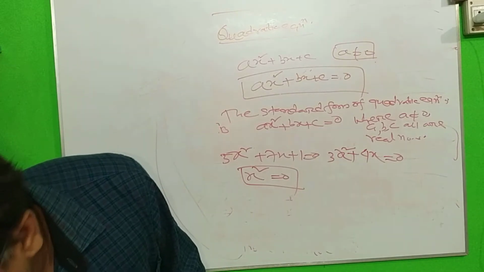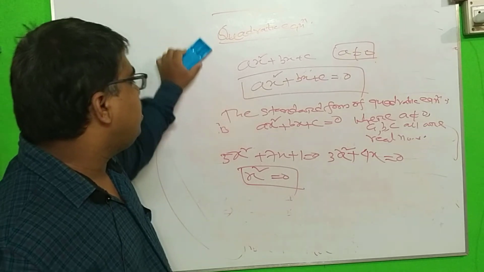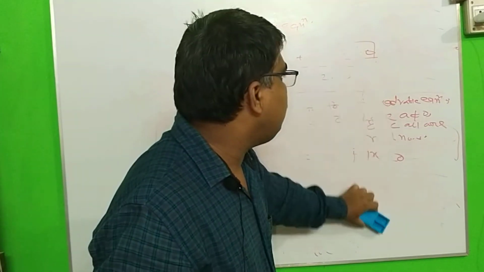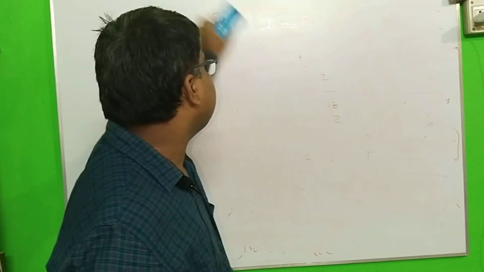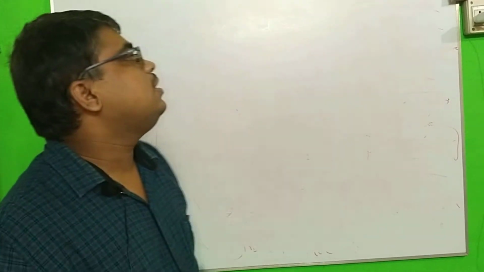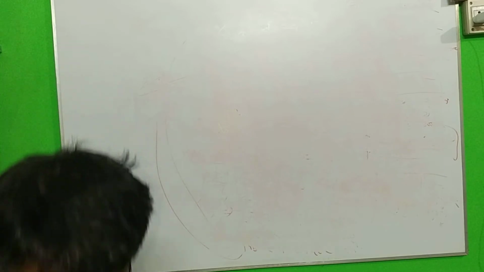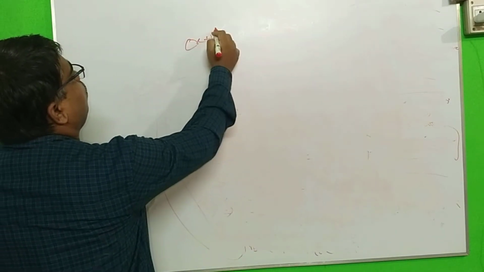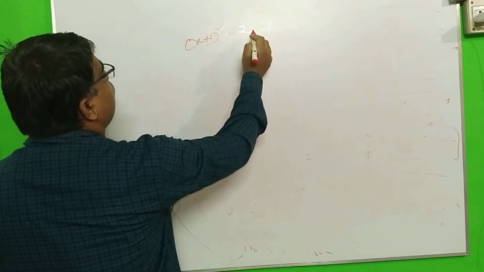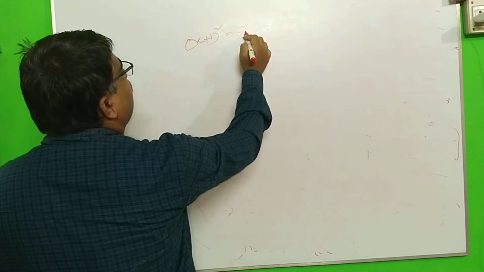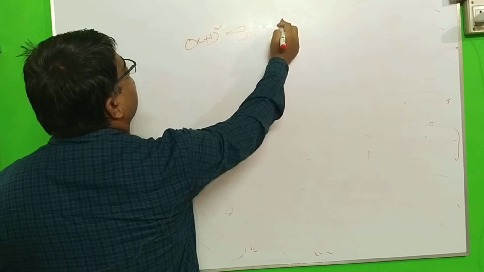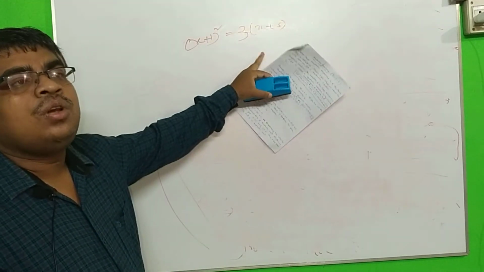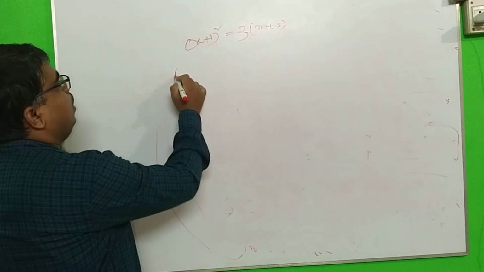Now we check some equations whether these are quadratic equations or not. Let us consider an equation: x plus 1 whole square equal to 3 into x plus 5. Whether it is a quadratic equation or not. Answer.